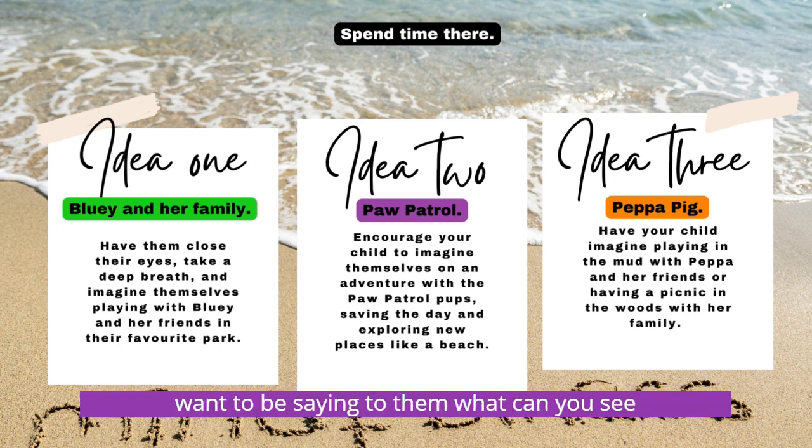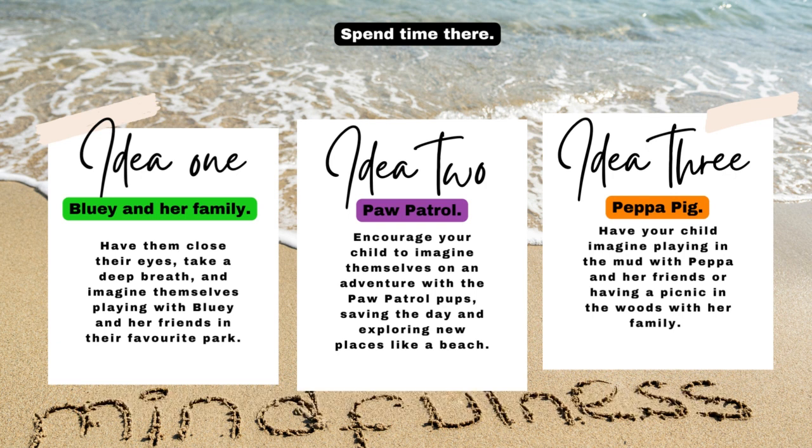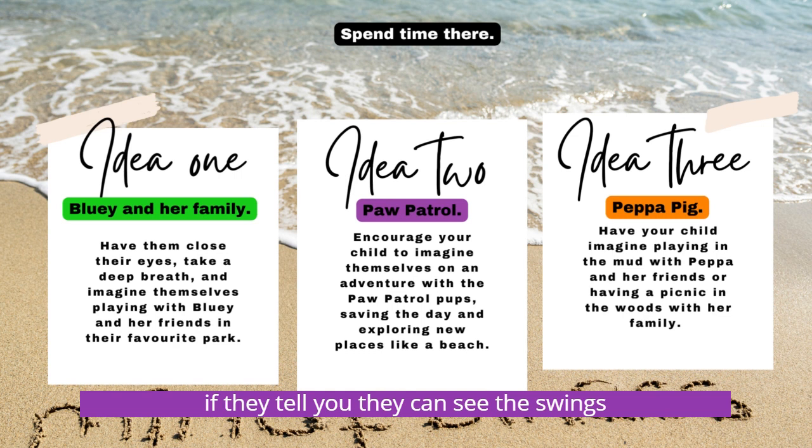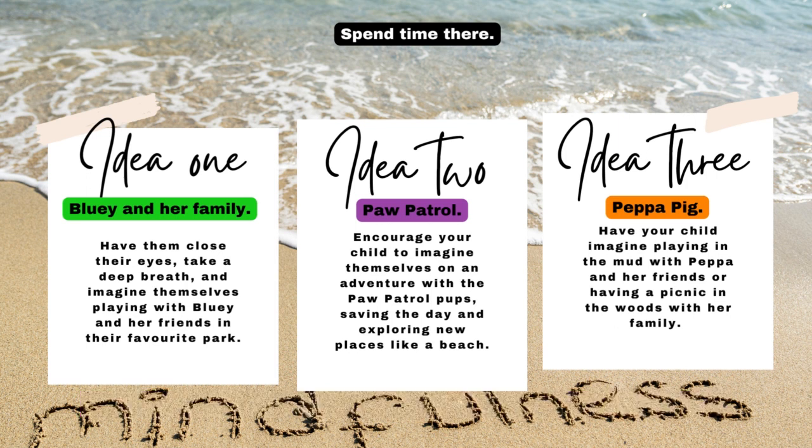So you want to be saying to them, what can you see at the park? If they tell you that they can see the swings, you can tell them to imagine that they're on the swings and they're swinging backwards and forwards. How do they feel as they're swinging backwards and forwards? And we try and help them create this imaginary thought in their mind.